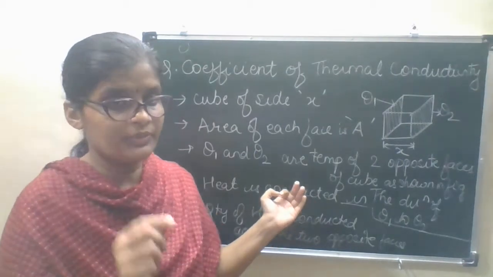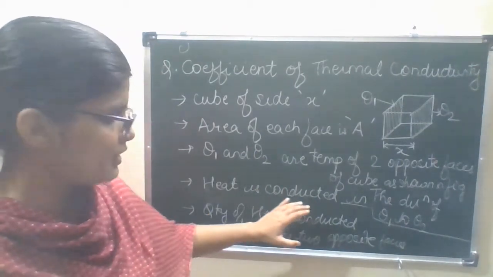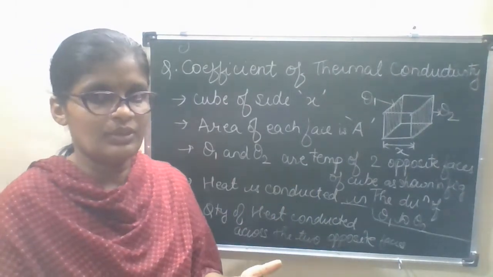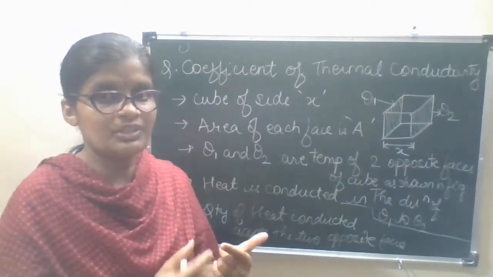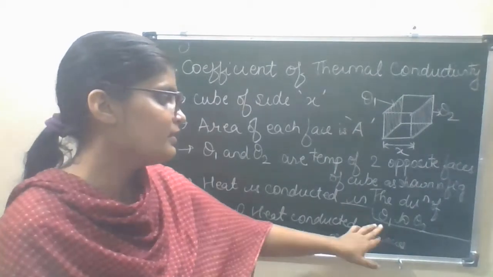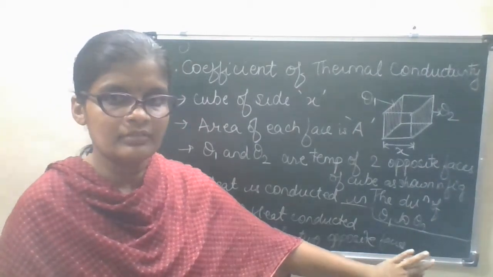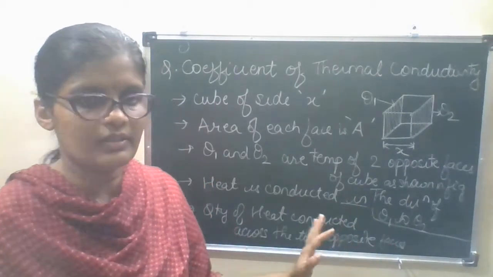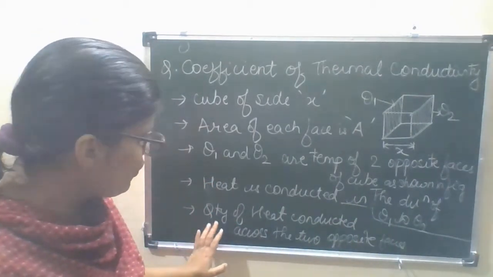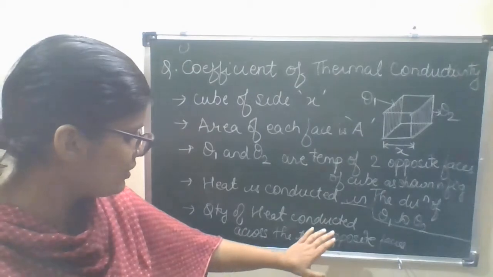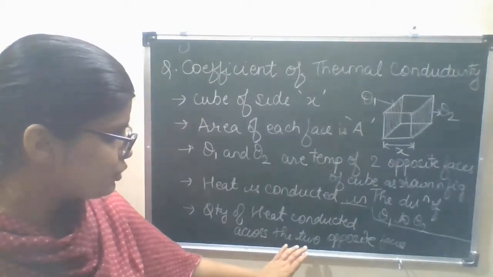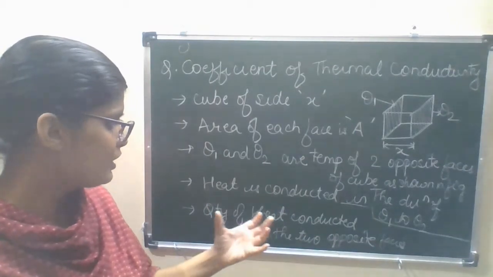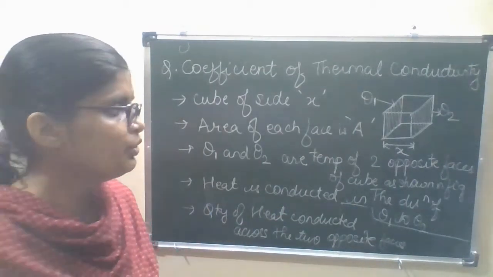Now here we are saying that the heat is conducted in the direction of theta 1 to theta 2. So what comes to our mind is that theta 1 is greater than theta 2. We can understand by the sentence itself. Next is the quantity of heat conducted across the two faces. Now what is the amount of heat conducted across the two faces?